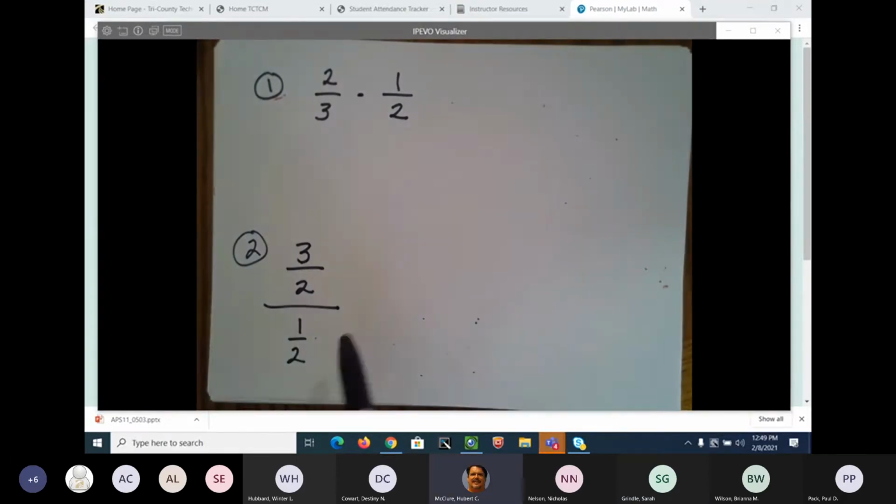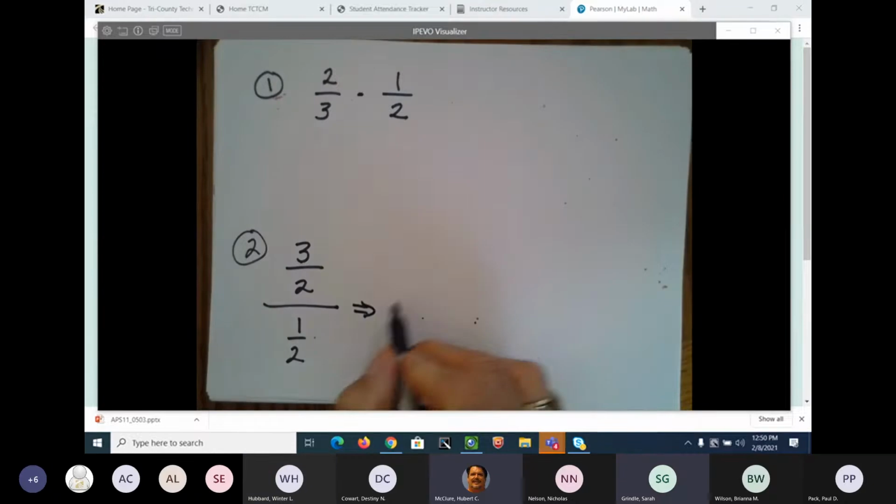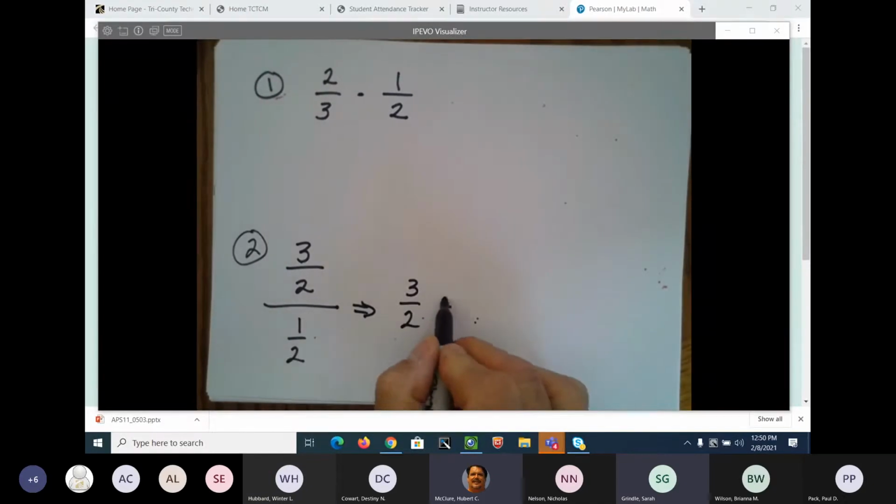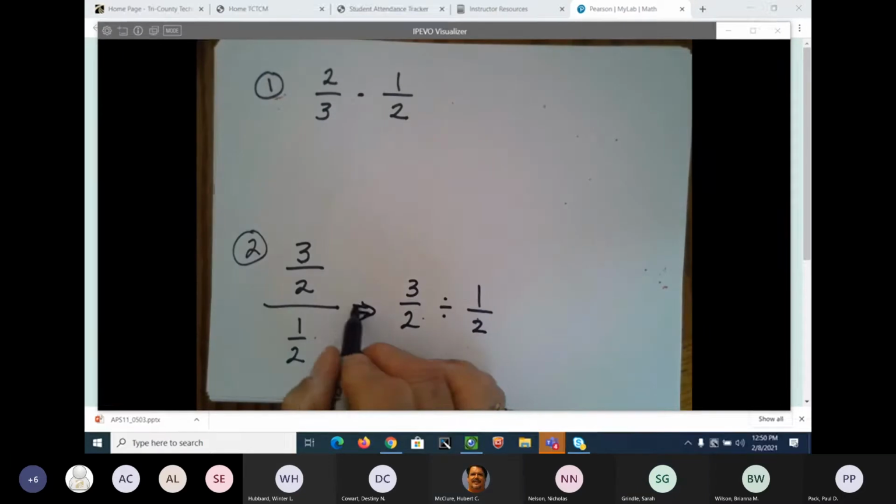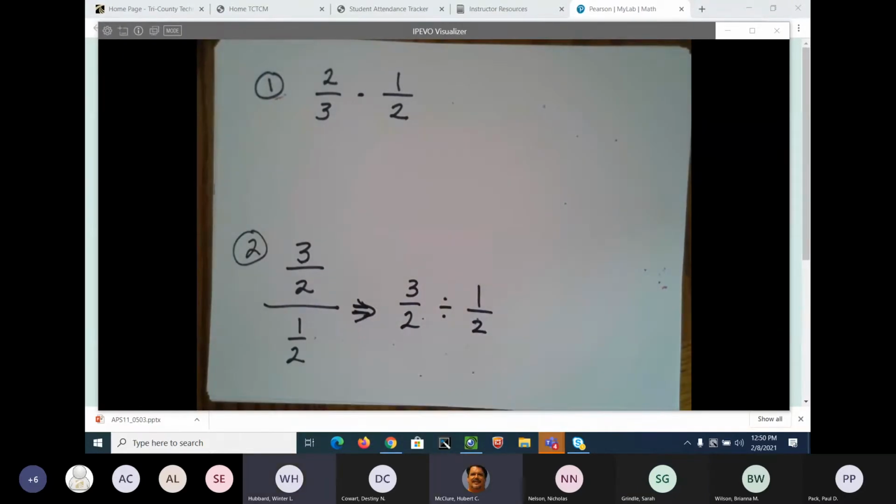Now, the reason I write it like that is that way when you see it on a standardized test, you'll know what to do. You'll rewrite it 3/2 divided by 1/2. So that way you won't get confused. All right, give you a few seconds to do both of them.